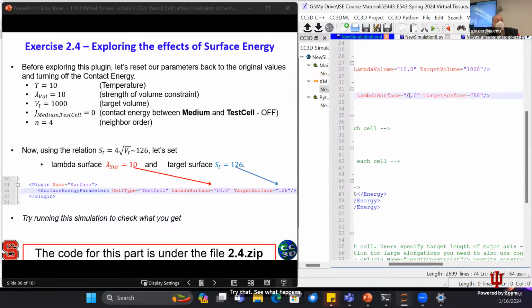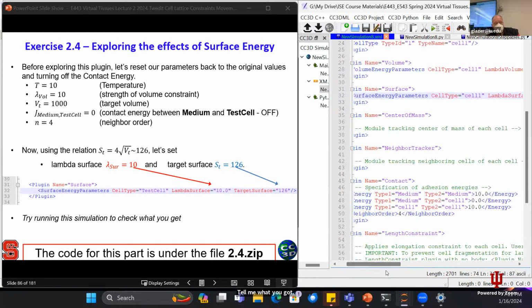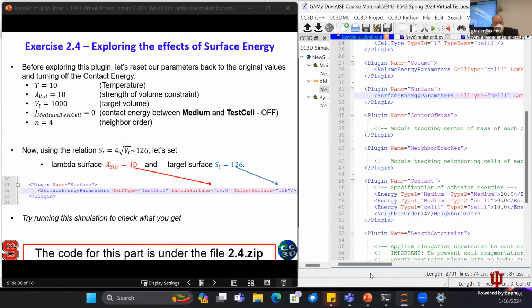We had set this to 0. We're now going to make lambda surface 10. And we're going to make target surface 126. What happens? Somebody? Tell me what you got. Alex, did that do something for you?